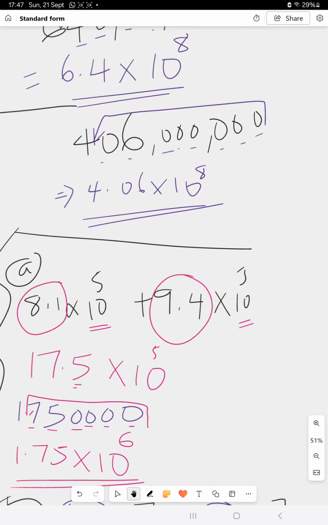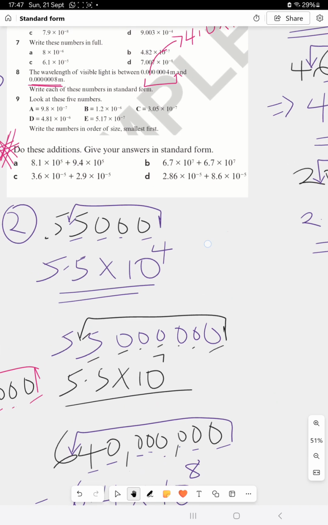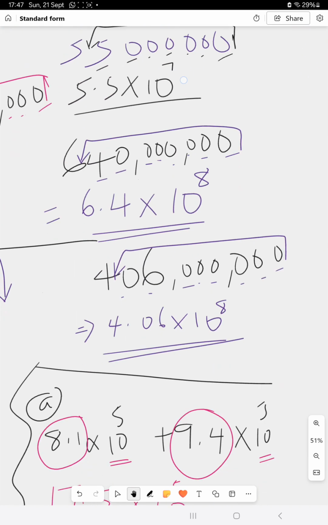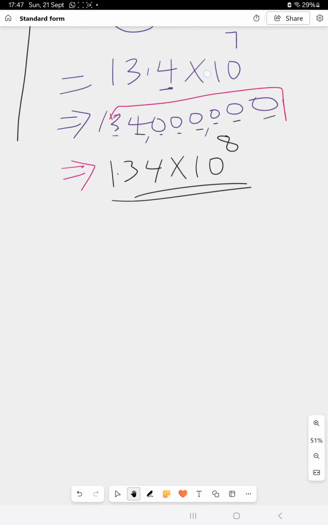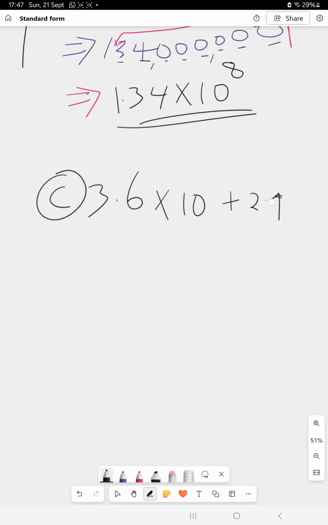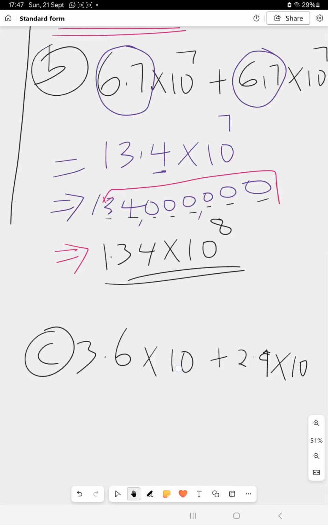Part C again, very fast. 3.6 and 2.9. This is C now: 3.6 times 10 raised to, then plus 2.9 times 10 raised to, let me check.